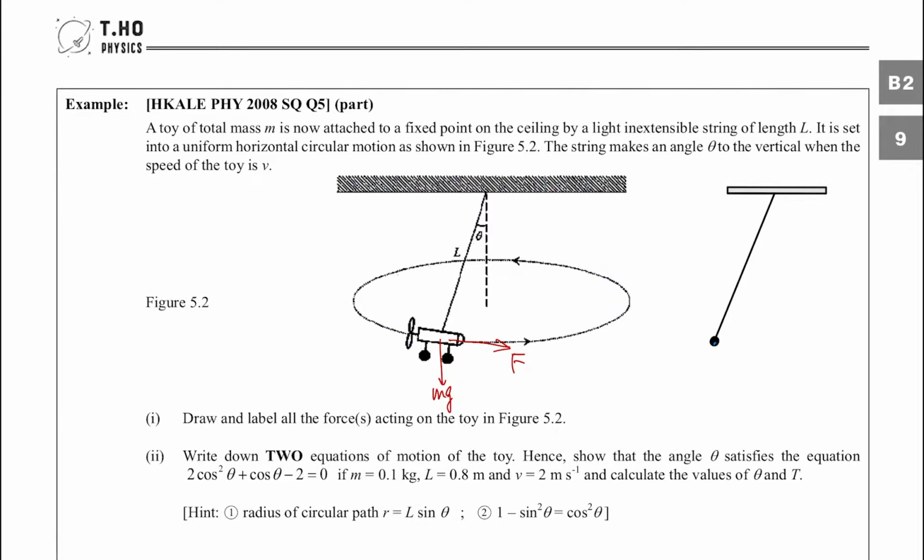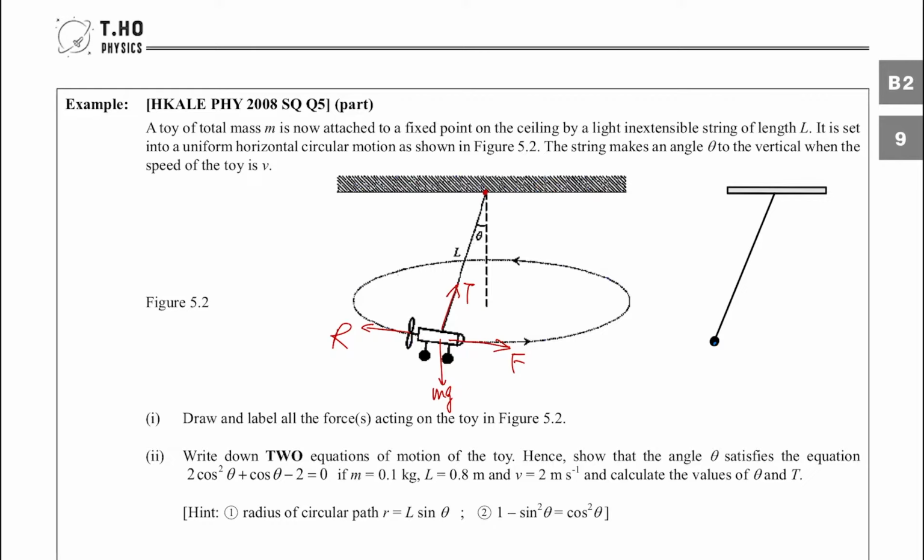And when the toy is going around, we would expect that there is some air resistance. So there is a dragging force that is pointing backwards. I would call it the air resistance. And not to forget that when the toy is attached to the string, there is a tension that pulls it to the hanging point, the anchor point on the ceiling.